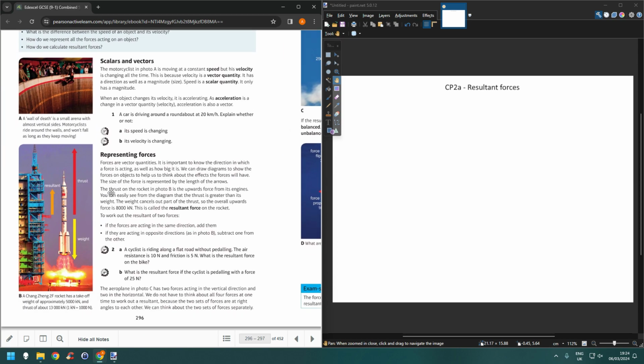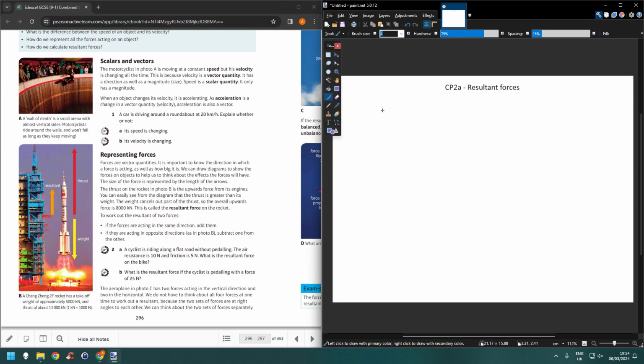Let's say we've got a car, that's a very bad car, but go with it. We've got the forward force, which is about that big, and I know this is probably not going to be very accurate, but let's go with 100 newtons forward, and that's our throttle.